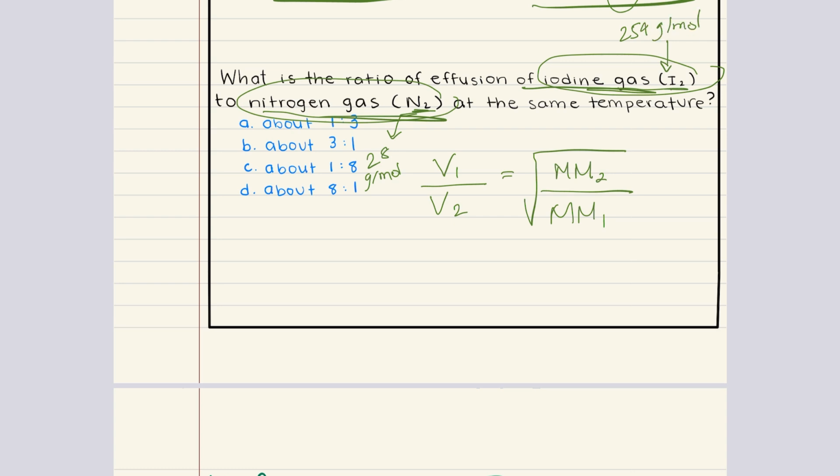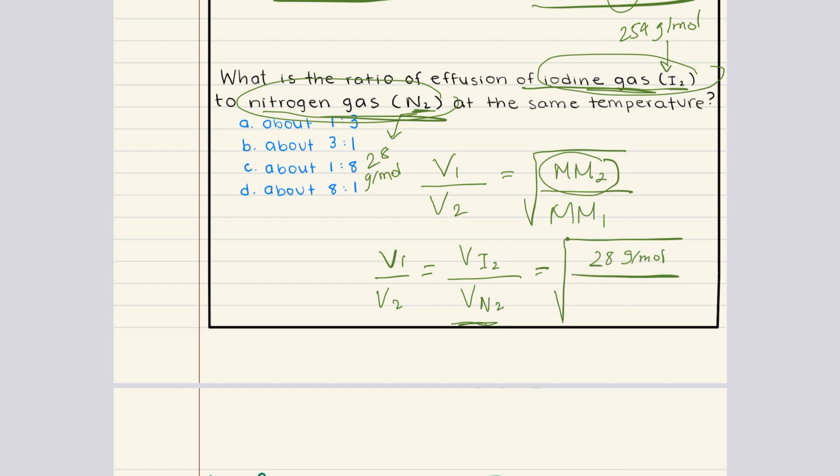Now let's go ahead and plug these into the equation. V1 divided by V2, that's equal to V iodine gas to V nitrogen gas. And that's going to be equal to the molar mass of gas 2, which is nitrogen, so 28 grams per mole, divided by the molar mass of gas 1, which is iodine gas.